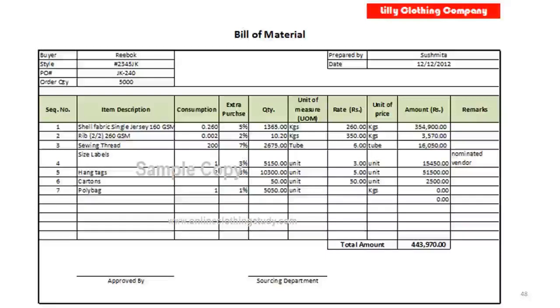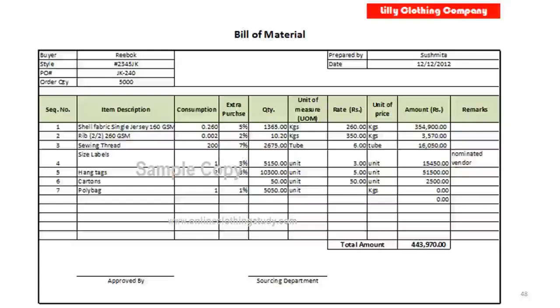So therefore the total quantity, let's say the first line, shell fabric, single jersey, 160 GSM. The total quantity required to make 5,000 pieces is 1,365 kgs. And the rate of the shell fabric per kg is 260.